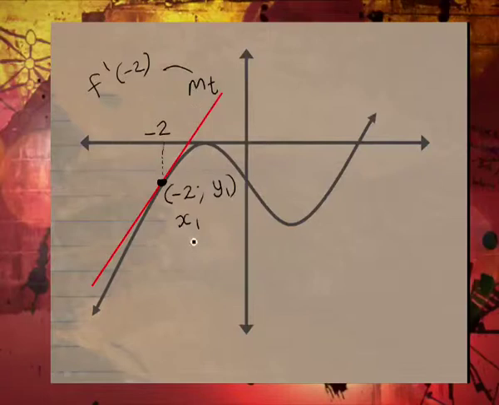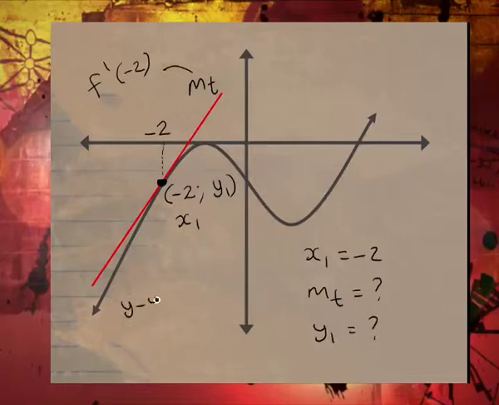So we know what x1 is. It's minus 2. We don't know what the gradient is, and we definitely don't know what y1 is. So we're going to have to explore that if you want to use this equation. You're given x1, that's minus 2, no problem. We need the m and we need the y1. Those are important concepts that we need.